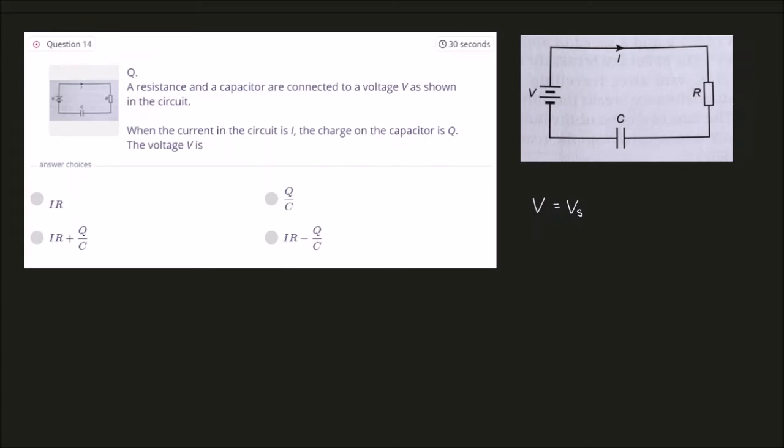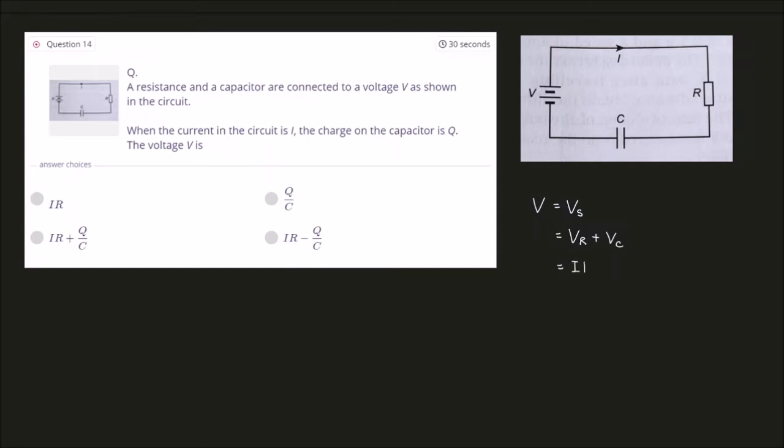So in mathematical form, V is equal to VR plus VC. The voltage across the resistor plus the voltage across the capacitor equals the voltage of the power supply. After that, we know that the voltage across the resistor is V equals IR.